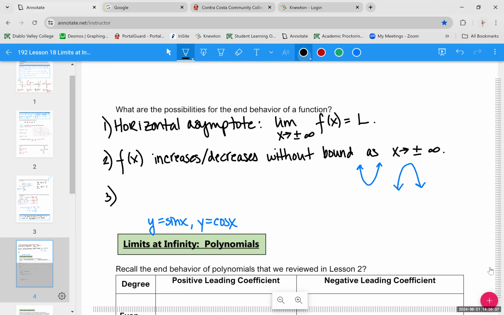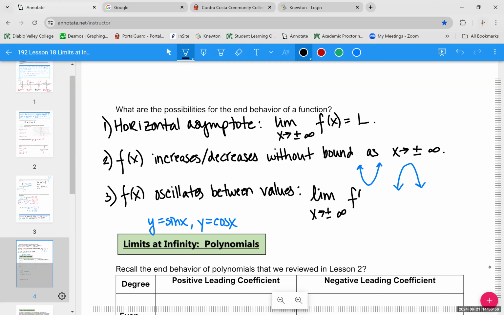And so one way we describe that is that f of x oscillates between values. And in that case, the limit just plain old doesn't exist. It's not that it equals positive or negative infinity. It just does not exist.